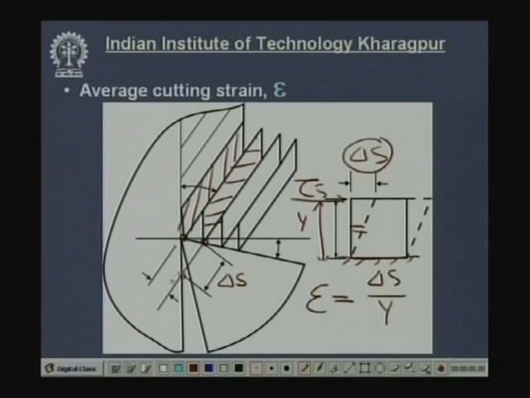And what is the height of this? This is y. So, if we put say O and this point M and this point N, then cutting strain will be equal to that amount of shift delta S, that is MN, divided by the height. You can drop a perpendicular here, say point P, then this will be OP.